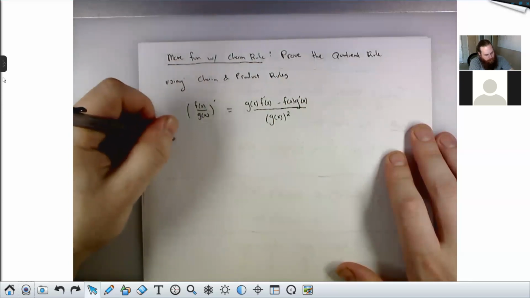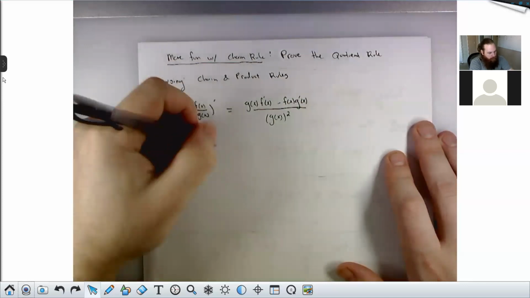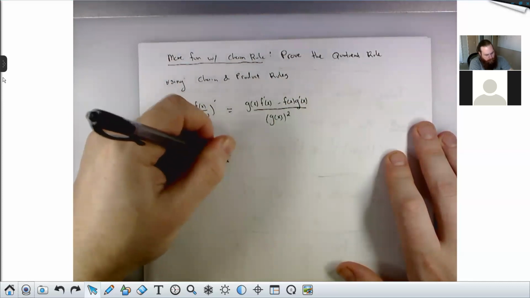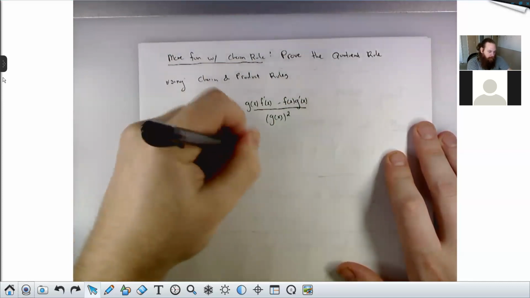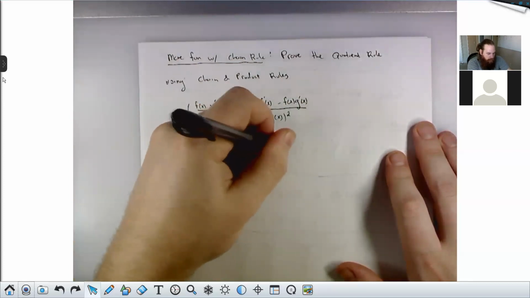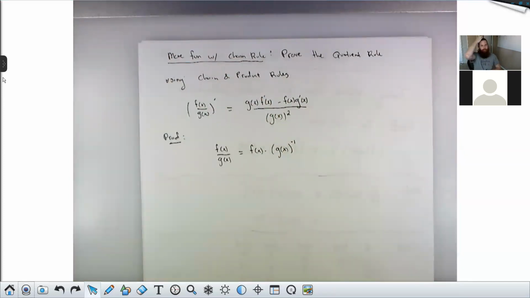And one way to prove this is to think of f over g as f of x times g of x to the negative first power. So in this sense, I can treat f over g as a product, and then the piece on the right, g of x to the negative 1, I can differentiate that piece using the chain rule.